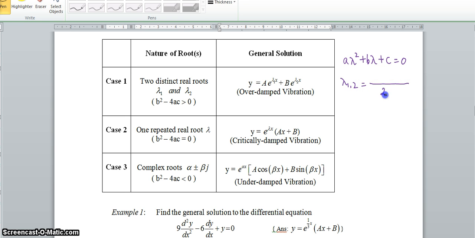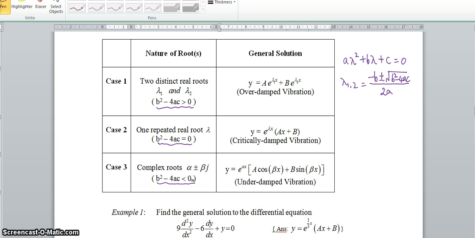Let me copy it down here: negative b plus or minus root b squared minus 4ac divided by 2a. According to what we learned in secondary school, there will be three cases, depending on the value of b squared minus 4ac. The first case is when it's greater than 0. Second case, when it's equal to 0. Third case, when it's less than 0.